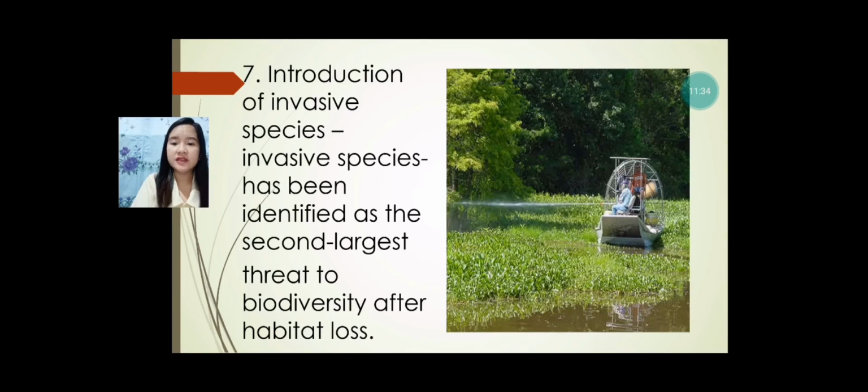Introduction of IAS is usually related to human interests, mostly being introduced for economic reasons. An example of IAS is the water hyacinth, commonly found in rivers and swamps. This plant species is native to South America and has rapidly invaded tropical regions.